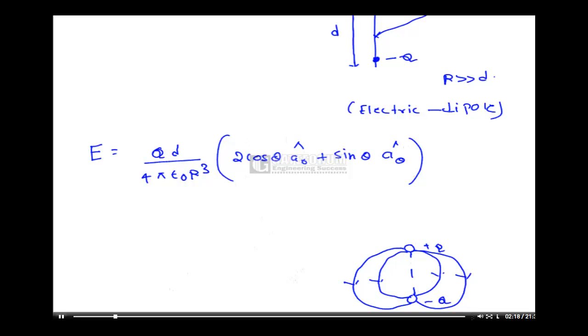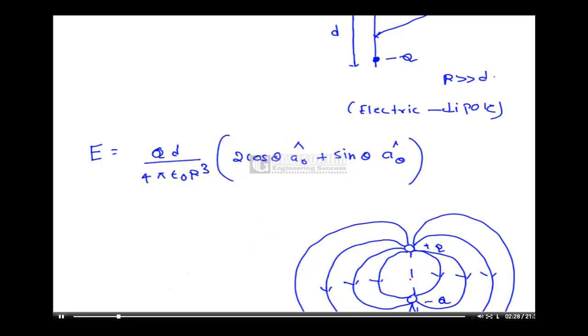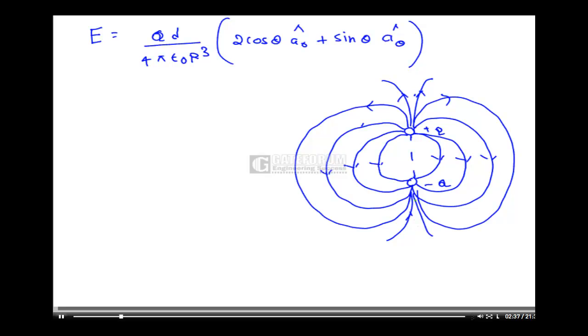It is nothing but a spherical distribution. That's why we can analyze this problem with the help of a spherical distribution. So this is the field distribution of an electric dipole.